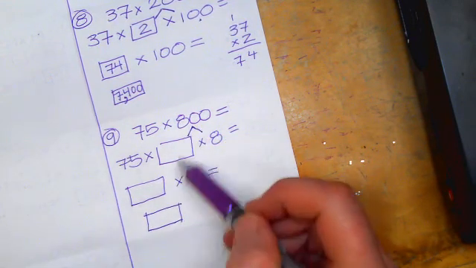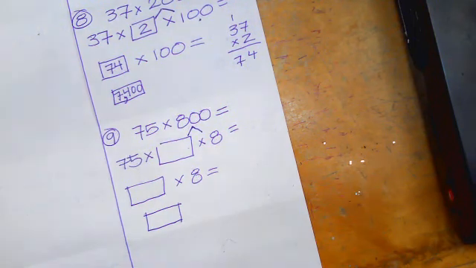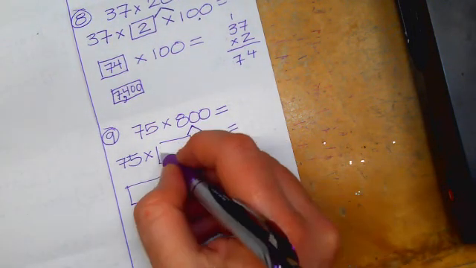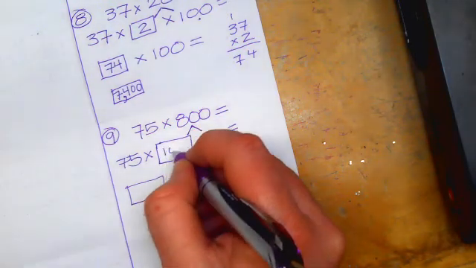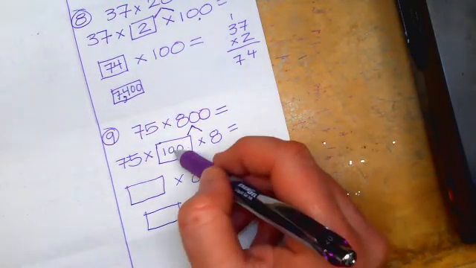Okay. So here's my 75. 75 times 800, 75 times something times 8. What do you think is going to go in that mystery box there?